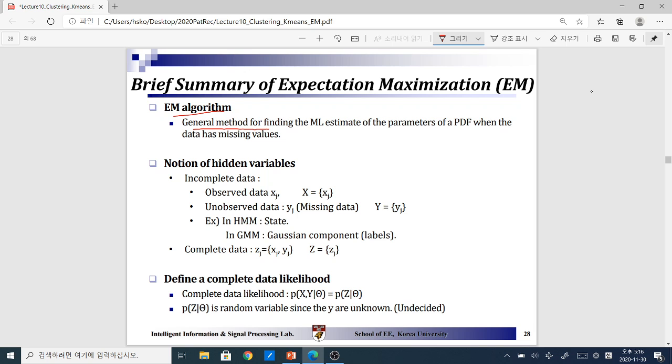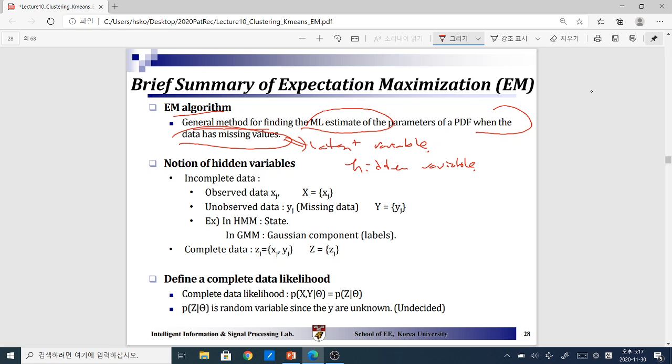It's an algorithm to find the maximum likelihood estimate of the parameters when the data has some missing values or latent variables. It's the same thing actually, latent or missing, or hidden is another way of describing them. Latent, hidden or missing values, they're all the same.